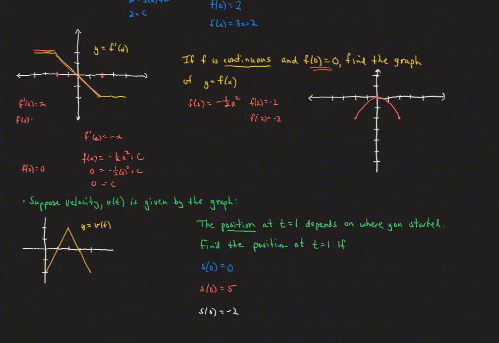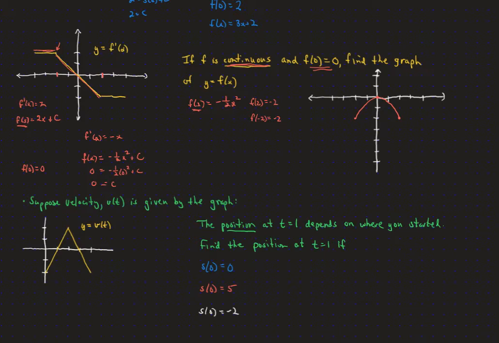So the general antiderivative of 2 is going to be 2x, because its derivative is going to be 2, plus some kind of constant. Because we're looking for a continuous f of x, when we try to connect our graph here at x equals negative 2, we want this part of the curve to connect with the part that we already have.